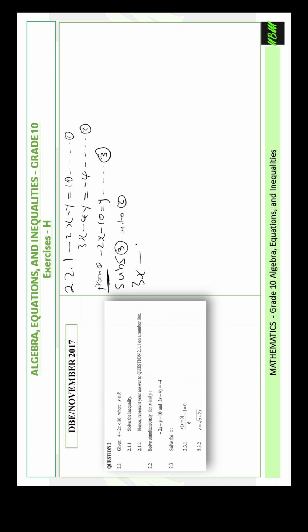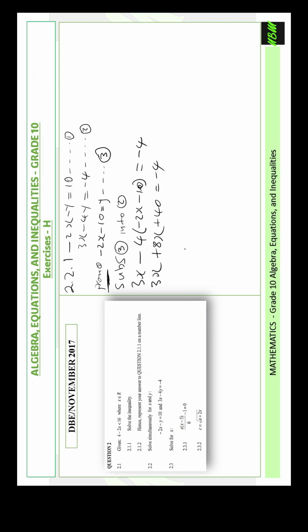So let's go to equation number 2. 3x minus 4y, but where we see y, we are now going to substitute minus 2x minus 10, and then it is equals to -4. Then we solve for x. 3x, multiply out the bracket, -4 times -2x is 8x, -4 times -10 will be +40 is equals to -4.